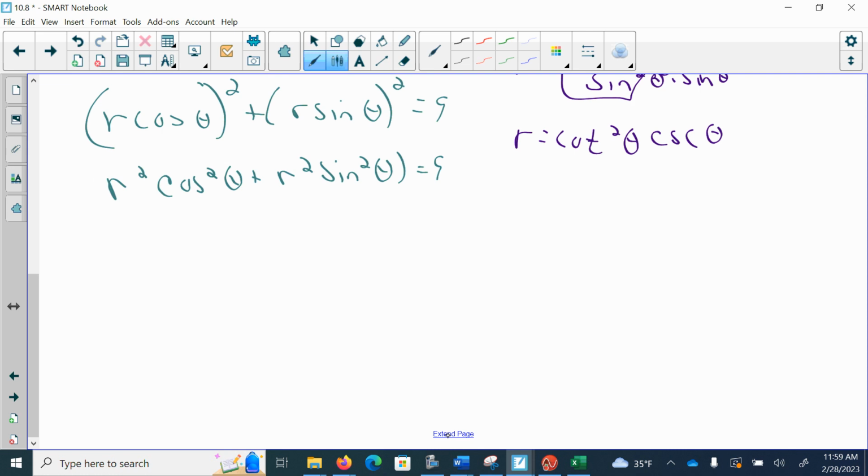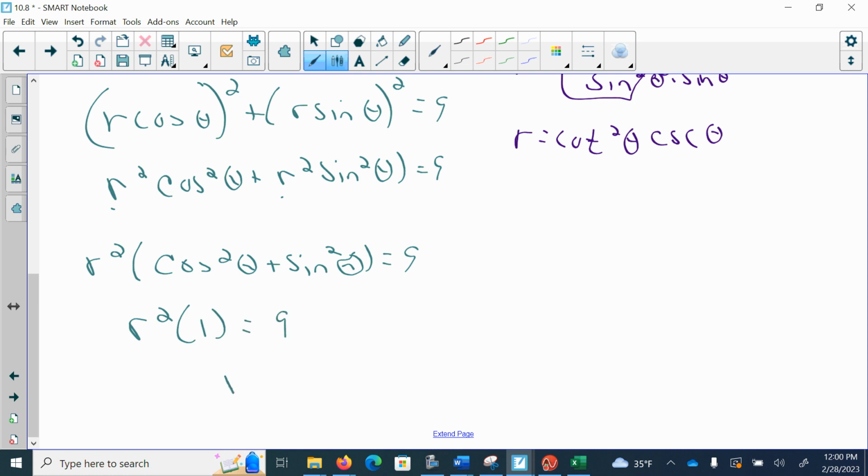And then do we agree that I can factor out an r squared? So I factor out an r squared and I get r squared times cosine squared theta plus sine squared theta is equal to 9. What is cosine squared theta plus sine squared theta equal to? 1. So this will be r squared times 1 is equal to 9. So I end up with r squared is equal to 9. So I end up at the same place, just a lot more work.